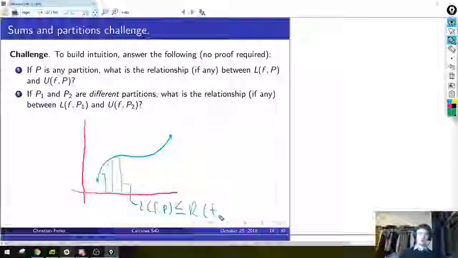R of f, which doesn't need a partition, and every upper sum should be larger than that. This is not a totally rigorous answer, but you might think that if it's possible to define in a consistent way an area under this curve, call it R, then L must be less than or equal to R, and U must be greater than or equal to R, regardless of what the partition is.